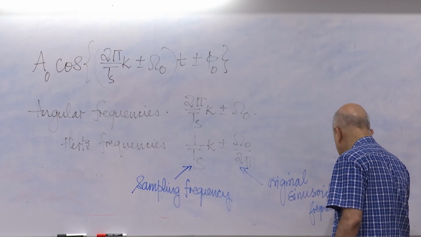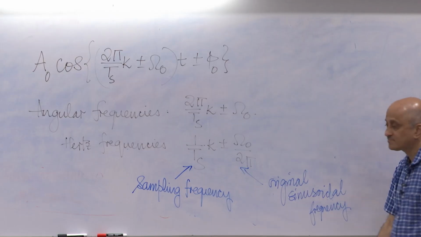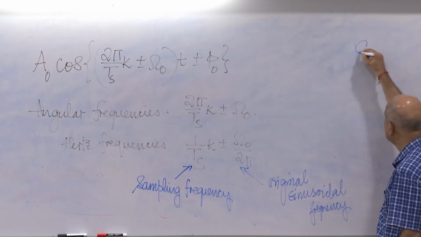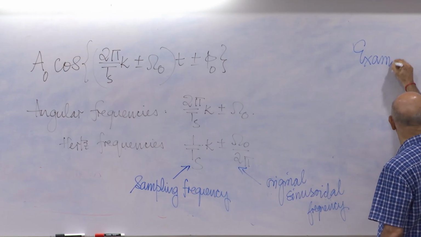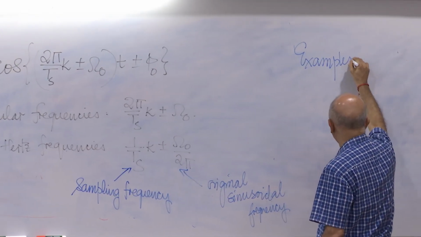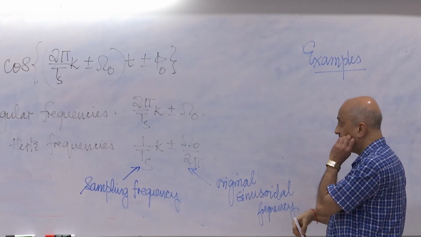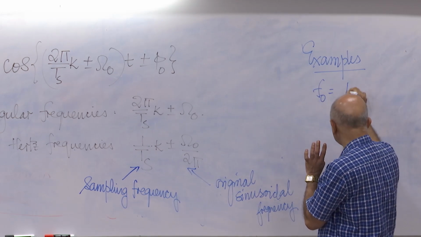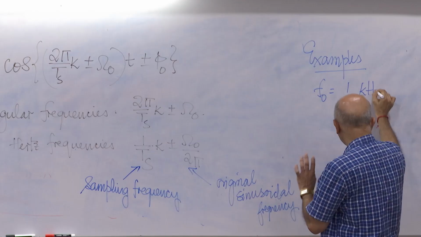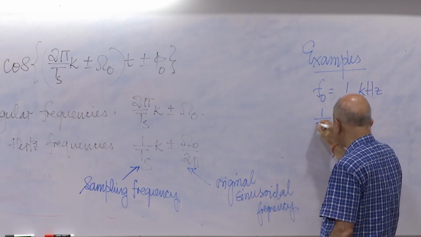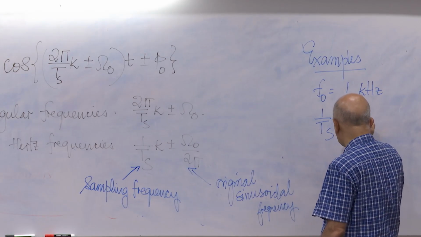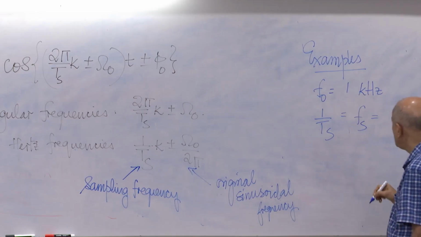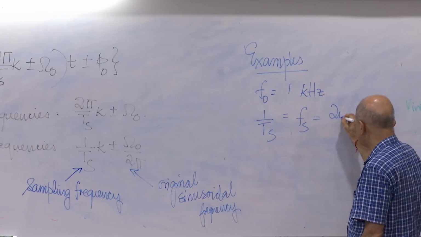Let's take concrete examples. Let's take f0 to be 1 kilohertz, and let's take 1 by Ts, which is the sampling frequency, which we'll call fs, to be 20 kilohertz.